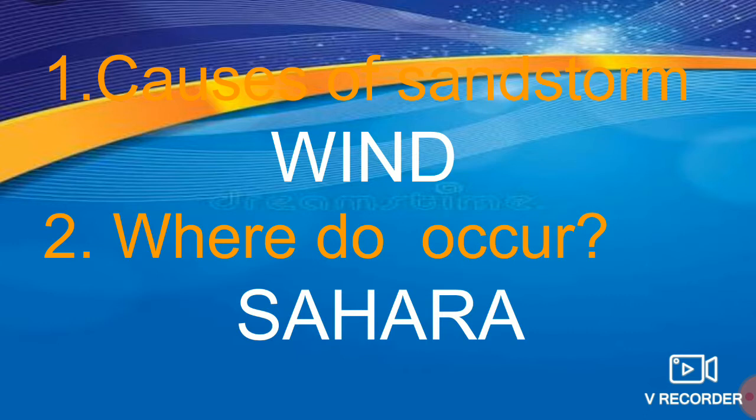What happens during a sandstorm? It's like a wall of sand. The wind can take sand and dust along for thousands of kilometers. But most sandstorms do not last long and leave as suddenly as they arrived.